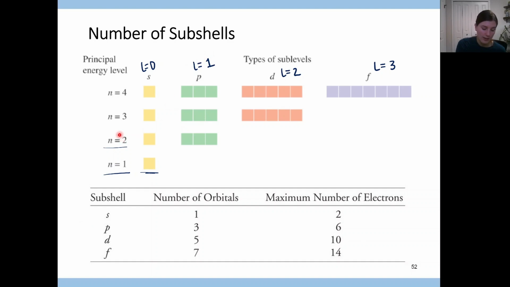So that means if we have principal quantum number 2, then we can have an s orbital and a p orbital. If the principal quantum number is 3, we can have an s orbital, a p orbital, and a d orbital. If the principal quantum number is 4, we can have an s, p, d, or f, and then at higher energy levels we can have the g and h orbitals.